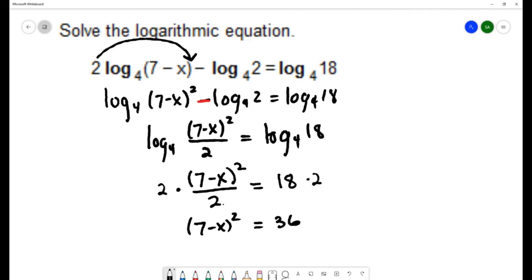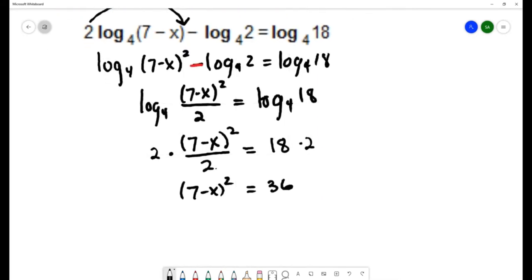We can get rid of that square by square rooting both sides. And that gives 7 minus x equals plus and minus the square root of 36, which is 6. And now I'll get x by itself, so I'll subtract 7.